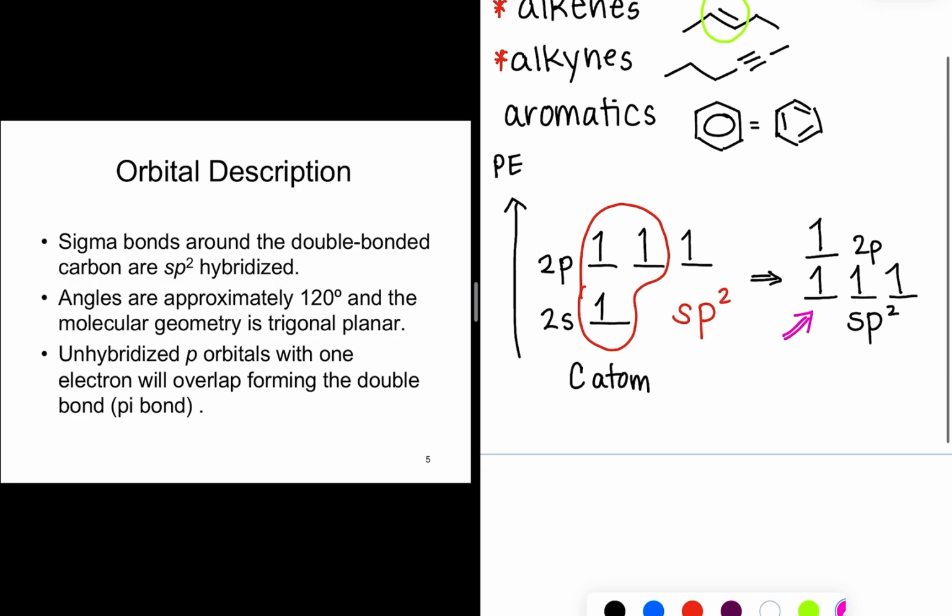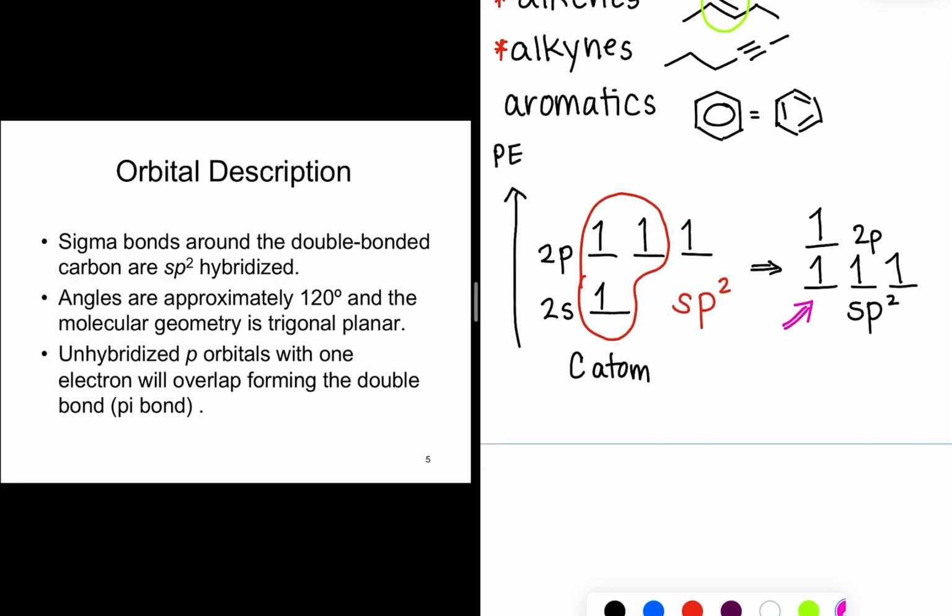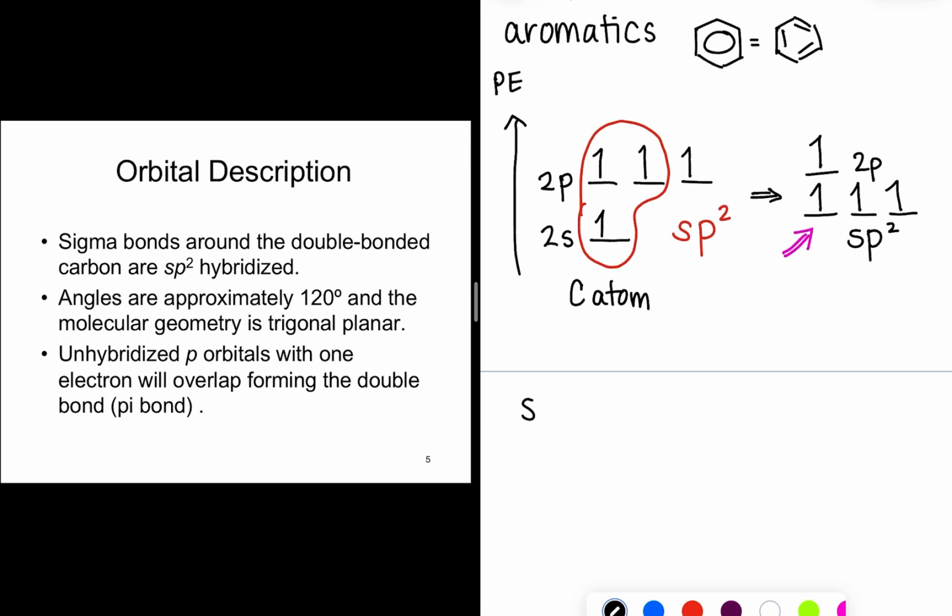Just to help you recall, the hybridization of something that has a steric number of 3 is sp2. The bond angles are 120 degrees and the molecular geometry is trigonal planar.